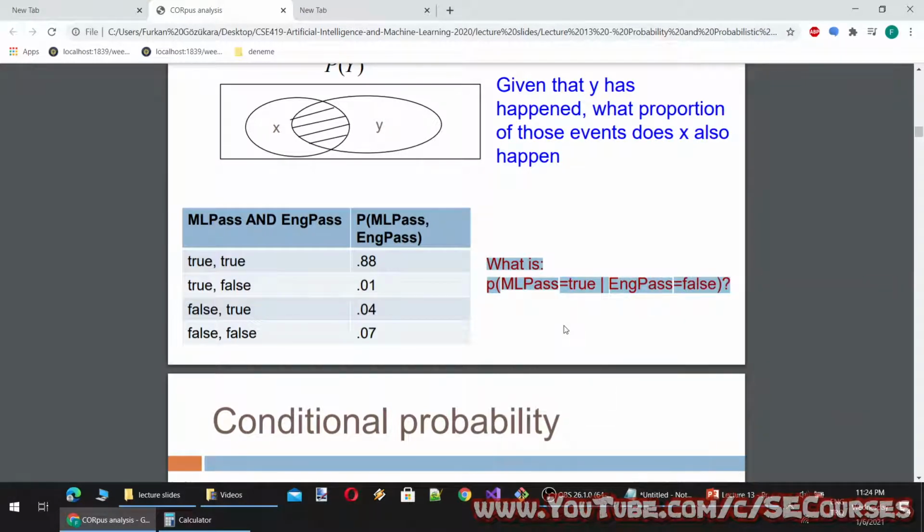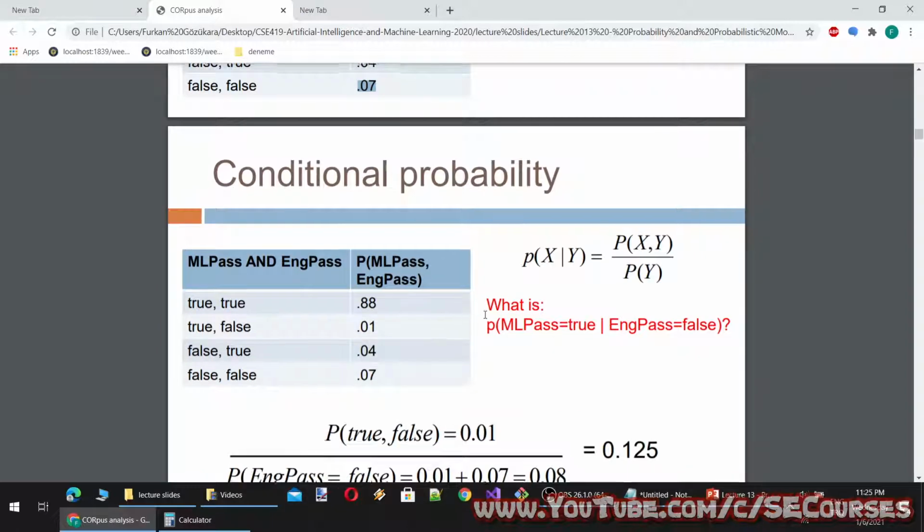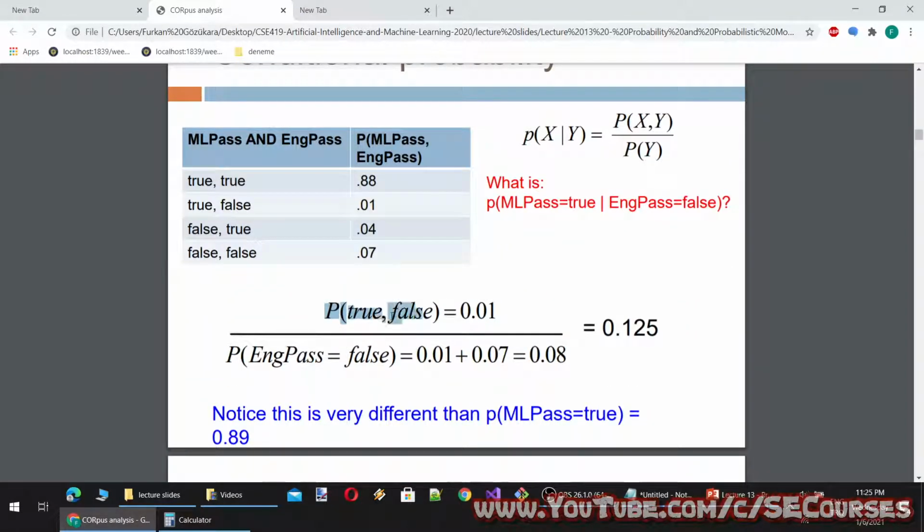What is P(ML pass = true | English pass = false)? We know that it has failed English, so it can be either this one or this one. Therefore, the probability of passing machine learning is 0.01 over 0.01 plus 0.07, which is 1 over 8.